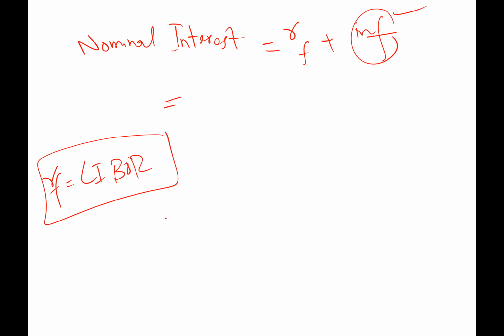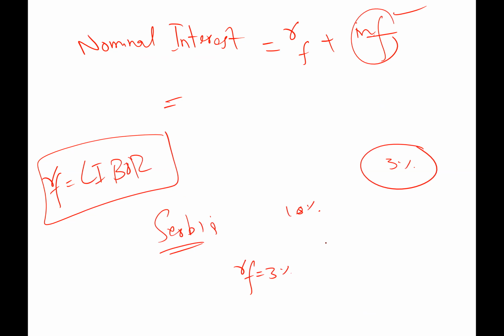So for example, in Serbia, if the interest rate is 10% and LIBOR is 3%, then it means the risk-free rate would be 3%. The other 7% is coming from some kind of other risk, which may include country risk factor, maturity risk premium, and inflation premium.